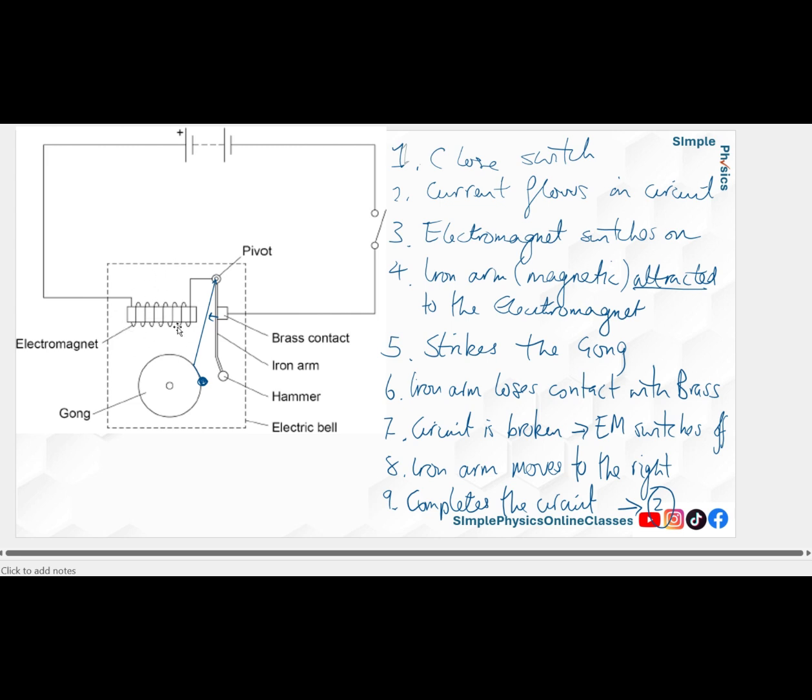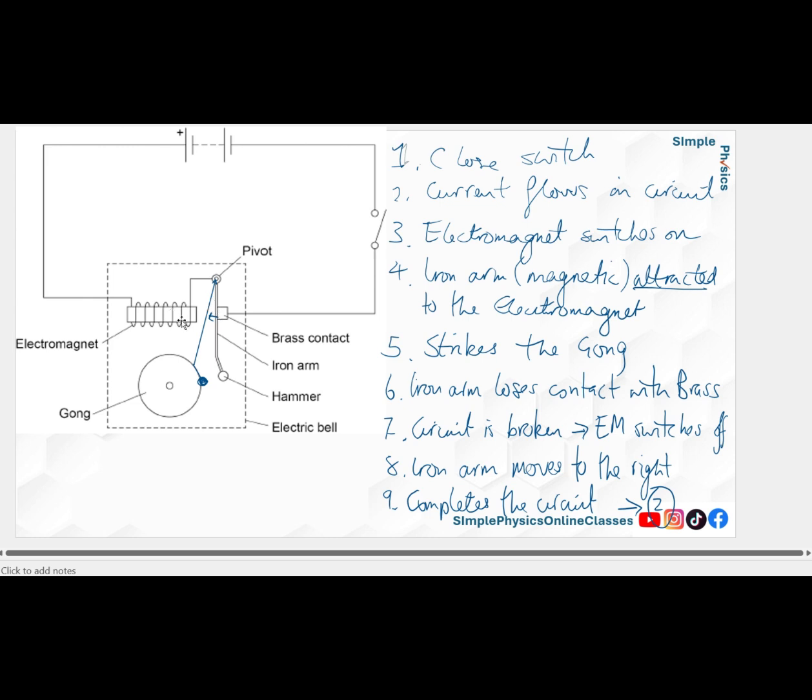If the electromagnet is switched on, the iron arm, which is magnetic, gets attracted to the electromagnet. And in doing that, the hammer hits the gong. But as the iron arm moves away from the brass contact, it loses contact. Therefore, you have an incomplete circuit, so the current stops flowing.